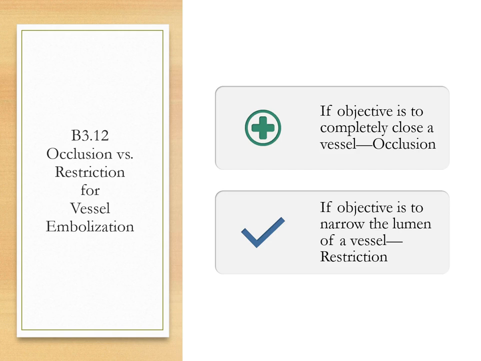However, if the objective of an embolization procedure is to narrow the lumen of a vessel, the root operation restriction is used. So you have to be able to identify the objective of the procedure as referenced by the documentation.